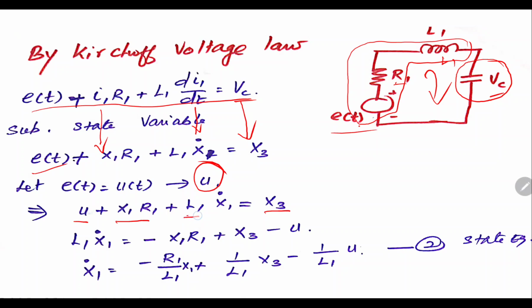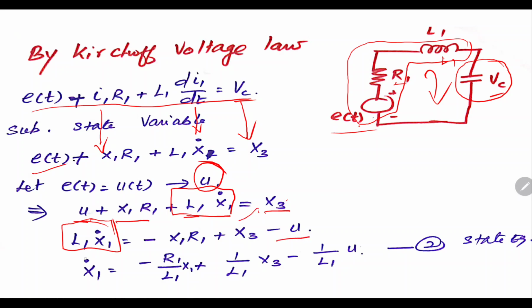Now, as we need to concentrate on x1 dot, I am keeping L1 x1 dot on one side and pushing all other terms to the right hand side. When I move u plus x1 R1 to the right hand side, I will get minus x1 R1 plus x3 minus u.